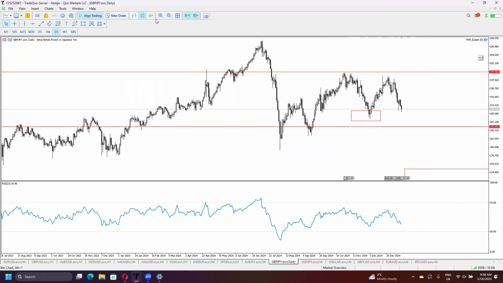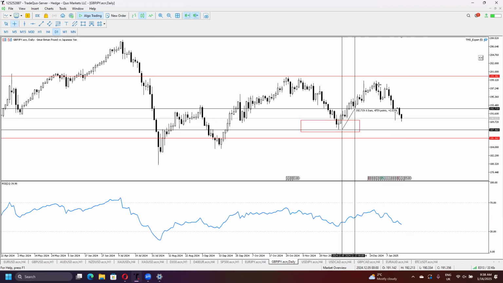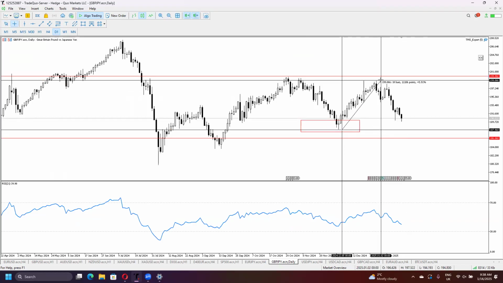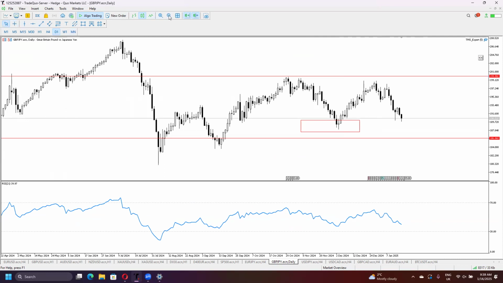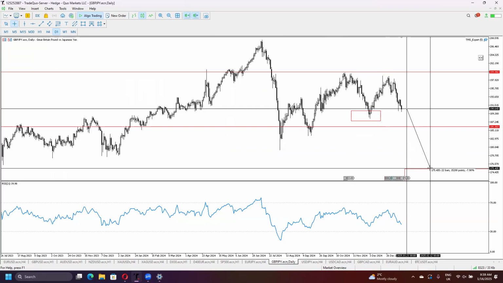And from this side, this down movement already created an overbalance of the previous up movement. So it's a little bit more risky because here the price can continue the down movement and the distance to the next one-to-one zone is bigger than 1,500 pips.